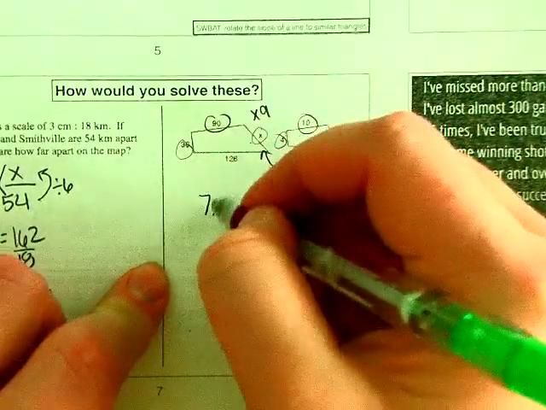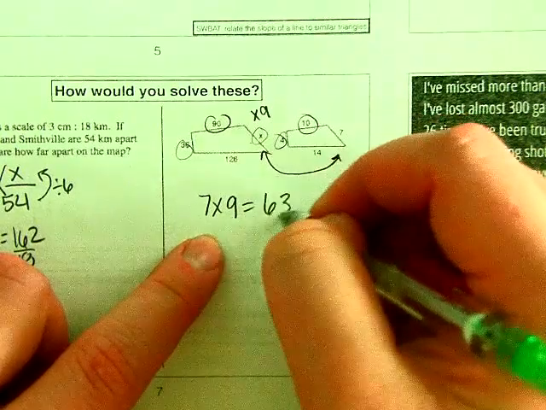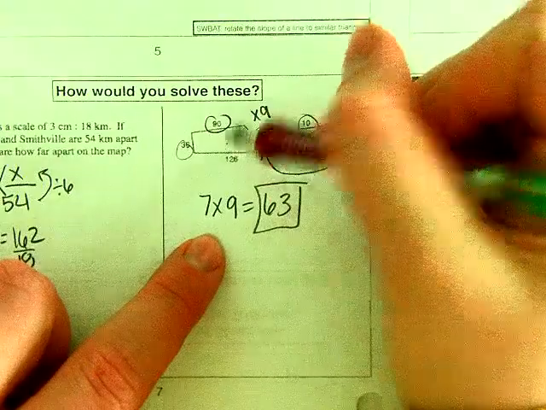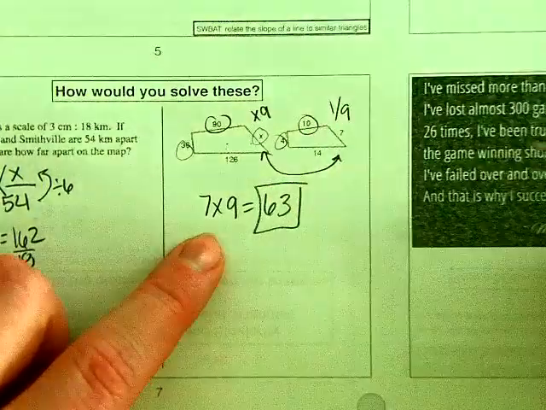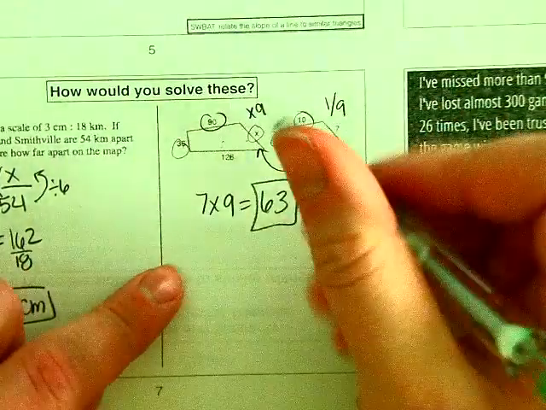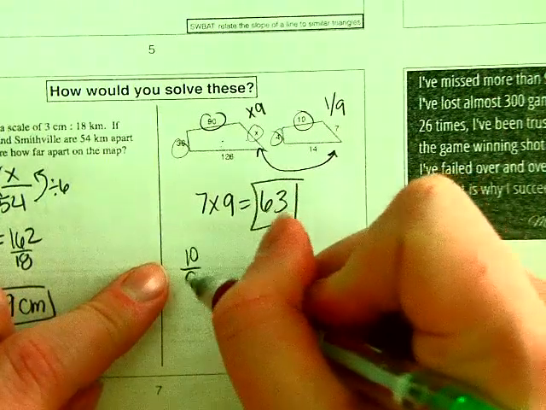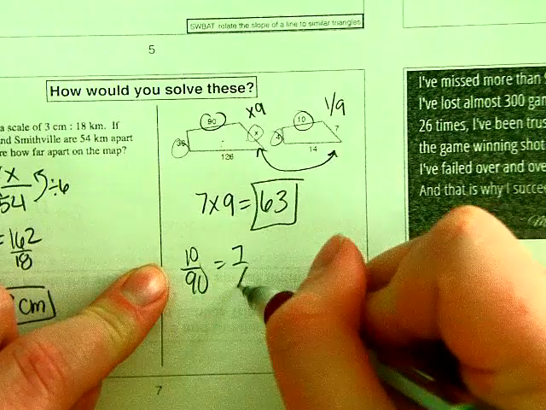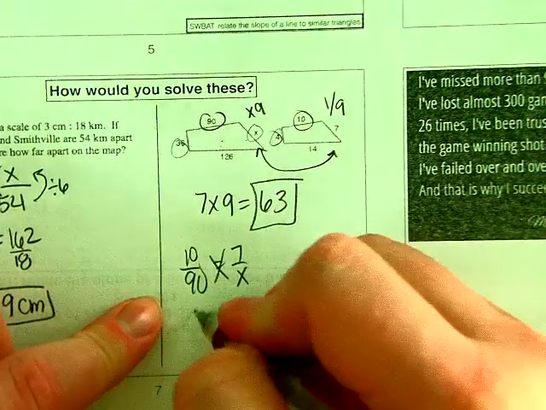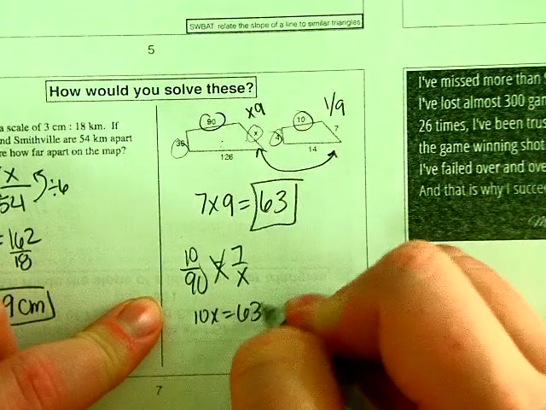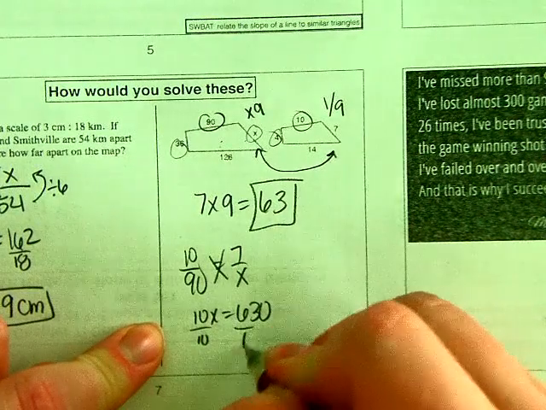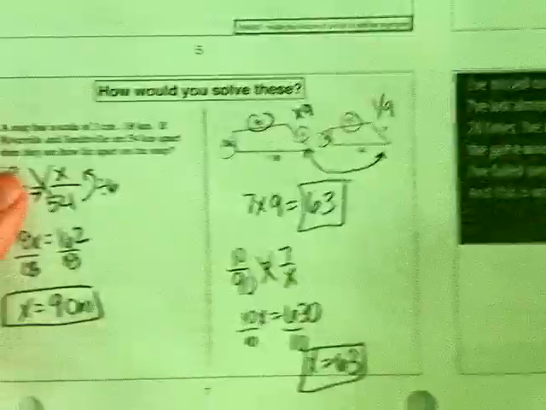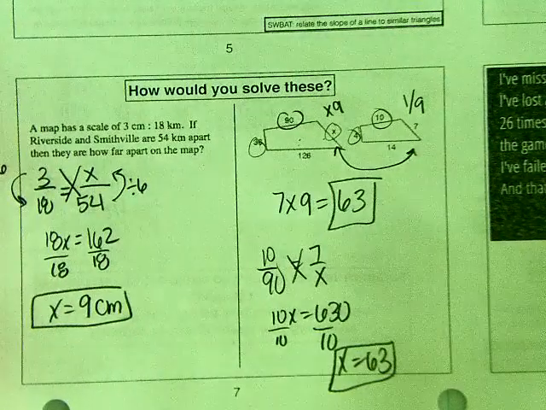I can just take 7 times 9 and get 63. That's a scale factor, that this is 9 times bigger, or that this is 1/9 the size. Another way to have done that would be 10 over 90 equals 7 over x. We could cross multiply and get 10x equals 630. Divide both sides by 10 and end up with x equals 63 again. So it kind of depends on your number sense and what you can see.